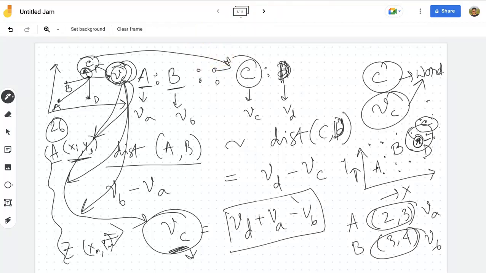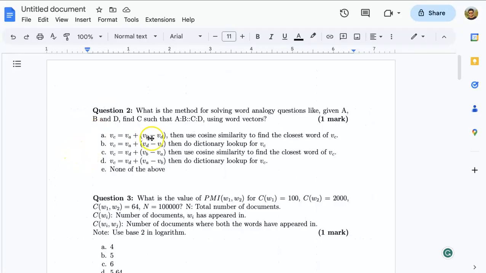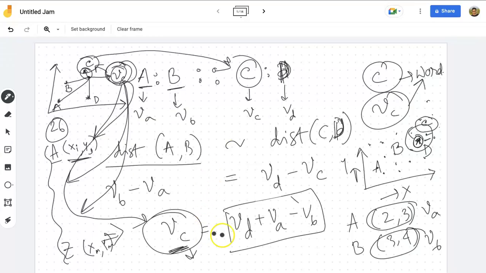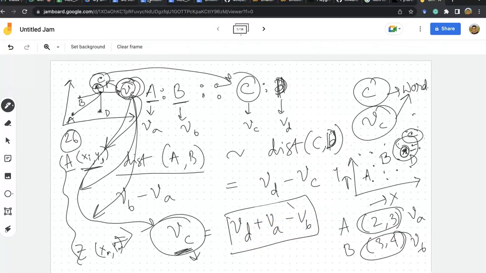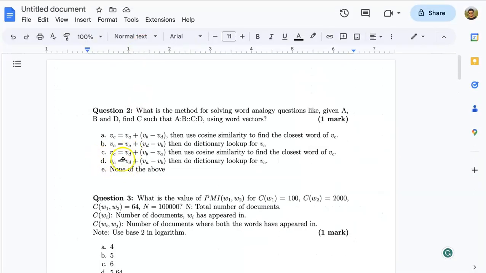Now let's see what the answer is. So BC is VD plus VA minus VB. They are showing that VC is VD plus VA minus VB.